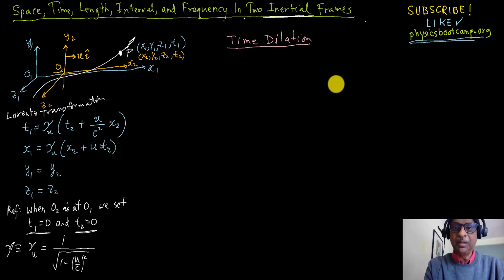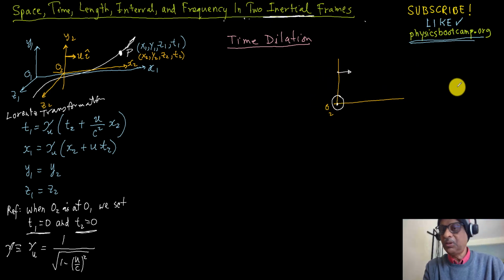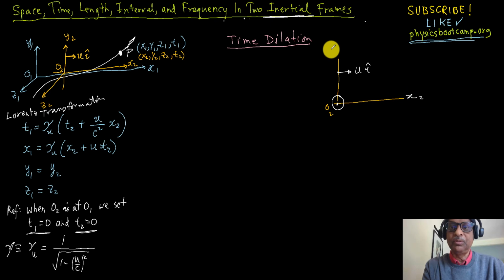So I'm in this O2, and I'm going to look at the clock that's tied with here. This clock is fixed at this O2, and this frame is moving, so this clock is actually moving with U i hat. So this is the x-axis, x2, y2, and z2 is just coming out.